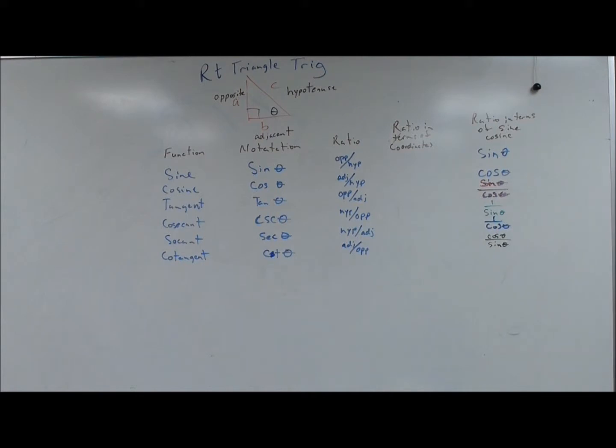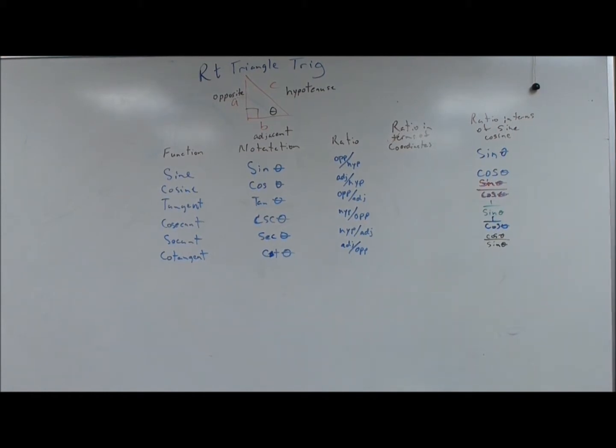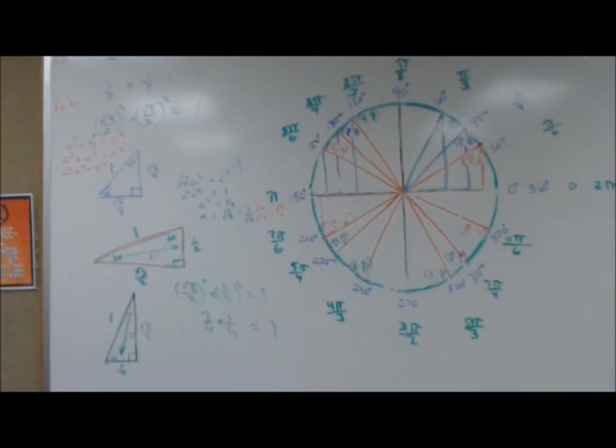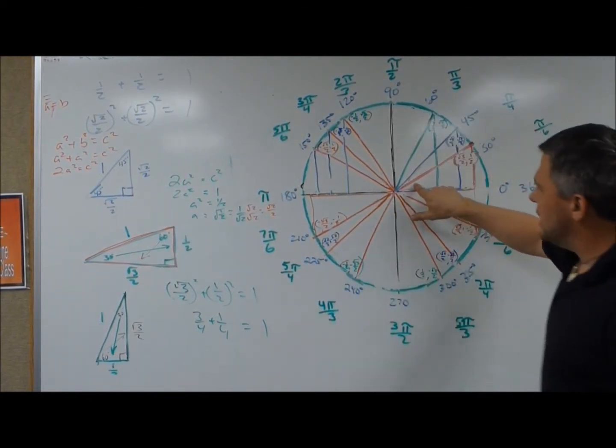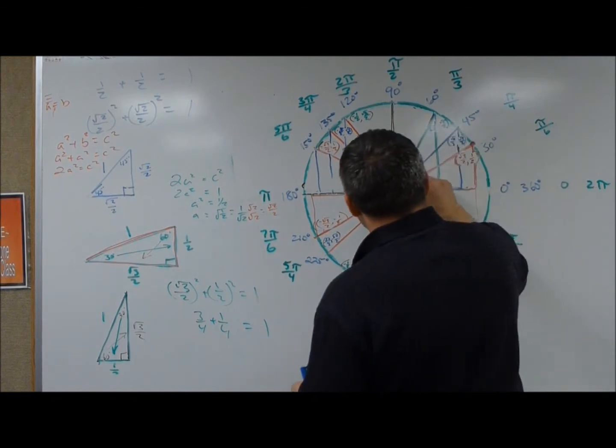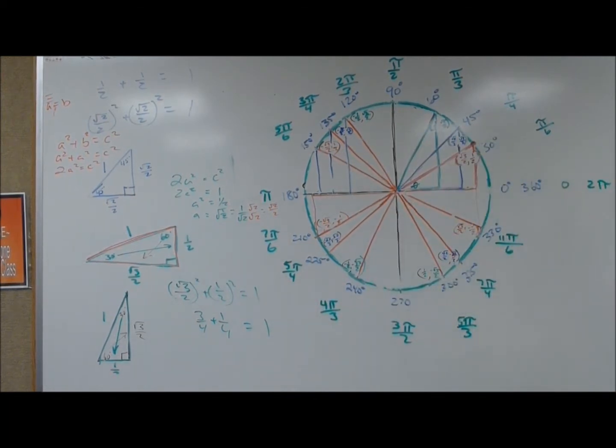Then on top of that, we need to look at some ratios in terms of the coordinates of the unit circle that we've been working on, right? So it's crucial to see on this unit circle that when we take the sine of theta, say this is theta right here, then what are we looking at?